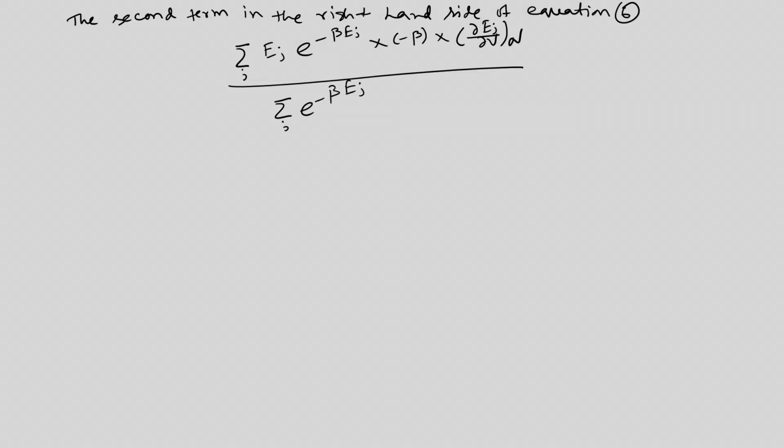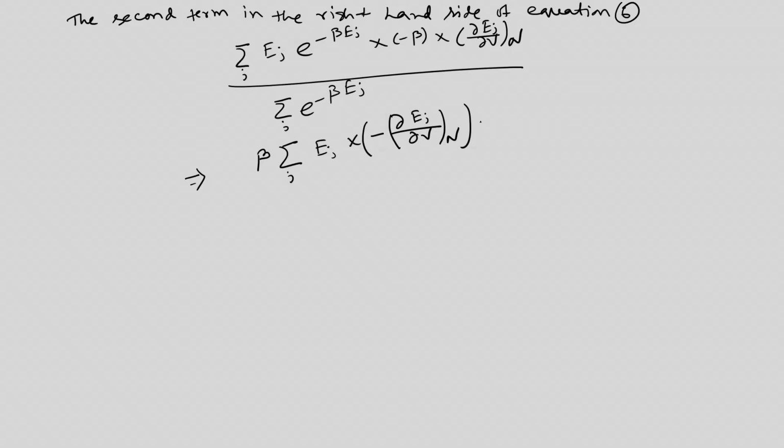Now if we further reduce this, first we take beta out, and then we write Ej times minus del Ej by del V at constant n, and then we have e to the minus beta Ej by sum over j e to the minus beta Ej.